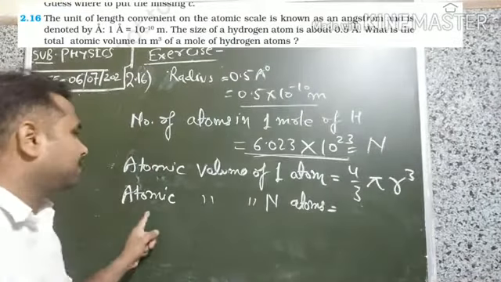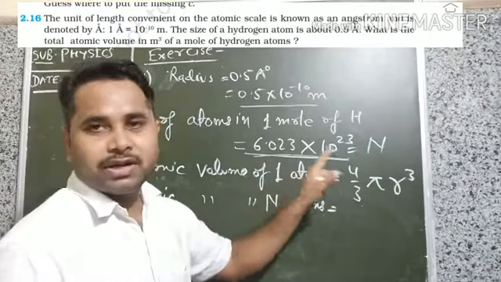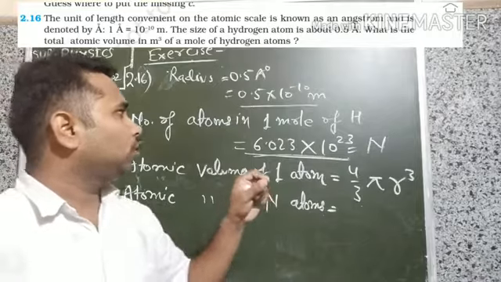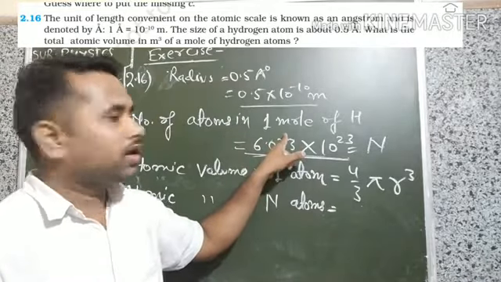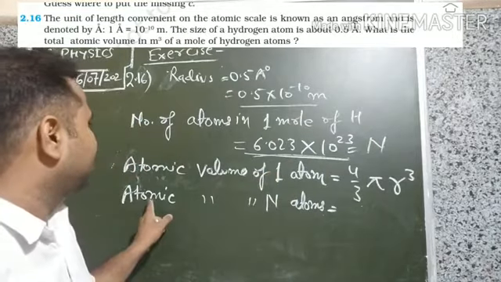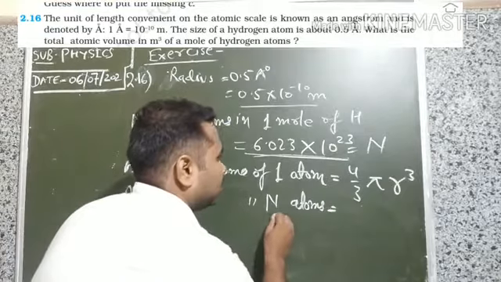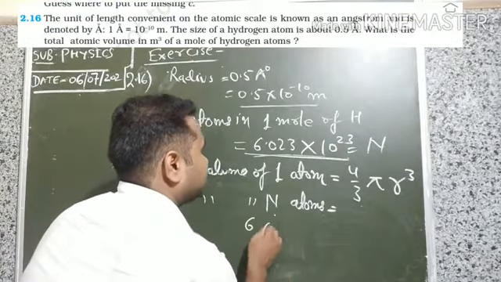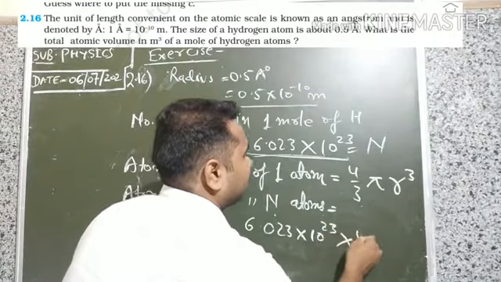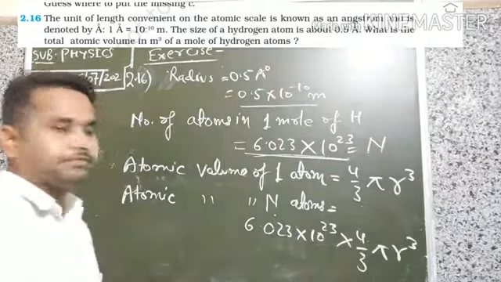We have to find the atomic volume of N atoms, that is 6.023 into 10 power 23 atoms, because in the question we have to find the volume of 1 mole, and 1 mole contains these many atoms. So finally, I am writing here: atomic volume of N atoms equals 6.023 into 10 power 23 multiplied by 4 by 3 pi r cube.